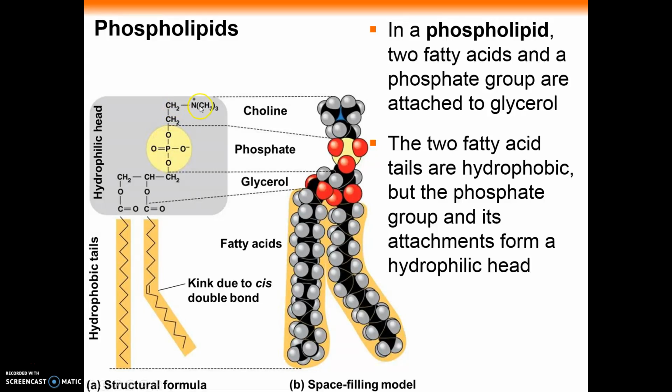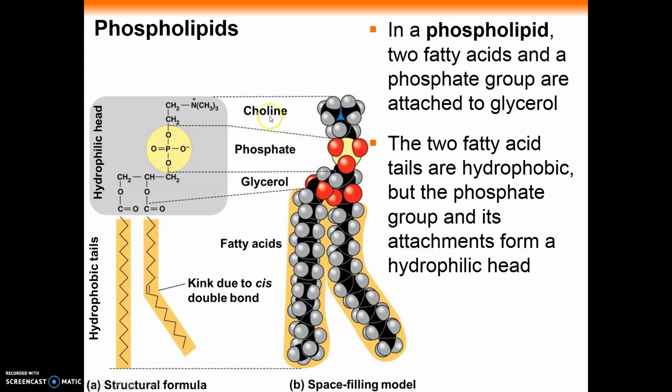Here we have choline attached, but there are other options we can put up here. This produces a molecule that is both hydrophilic and hydrophobic, right? There's one end that's hydrophobic, and one end that's hydrophilic.